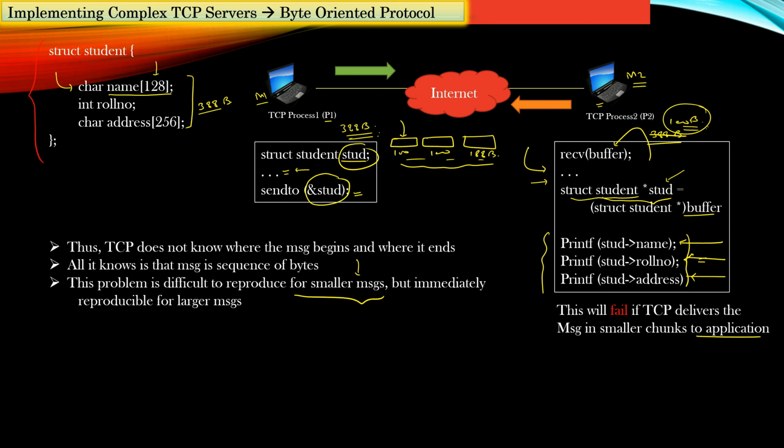If the message being exchanged between the TCP sender and the recipient is just a few bytes, then this split of the message into individual segments may not happen, or it is very improbable. The message will be delivered to the recipient as one complete chunk, and that is the reason you might not have suffered this problem, because in all your programs you must have exchanged messages of considerably smaller sizes.